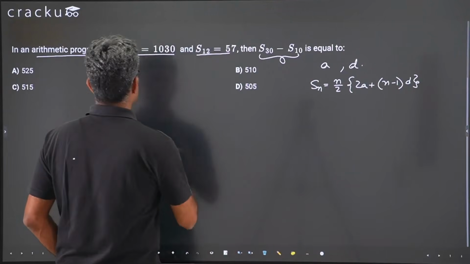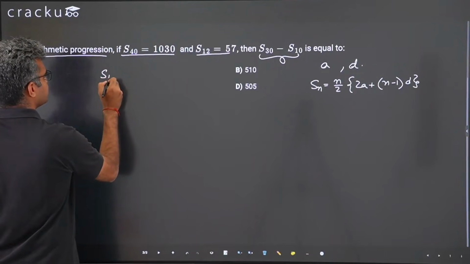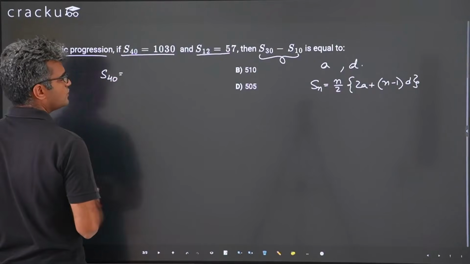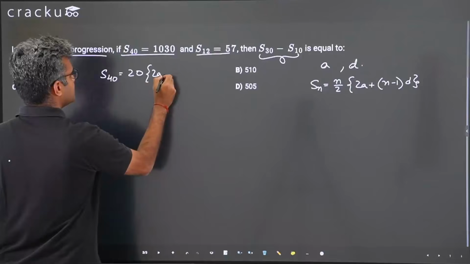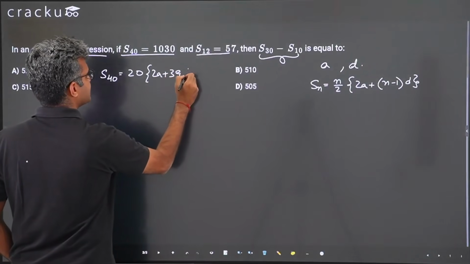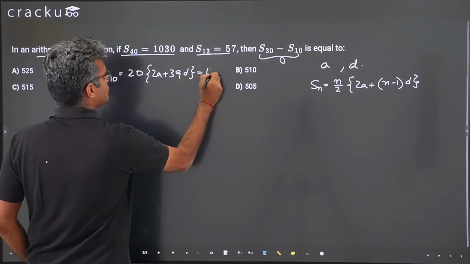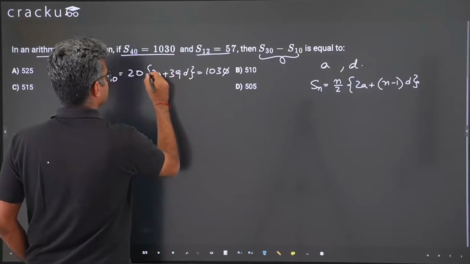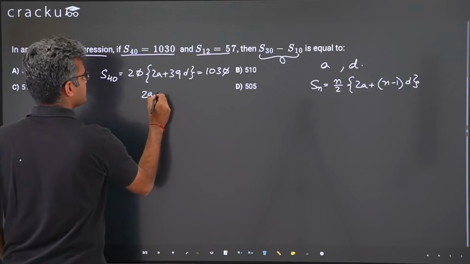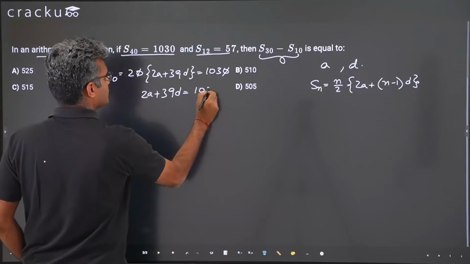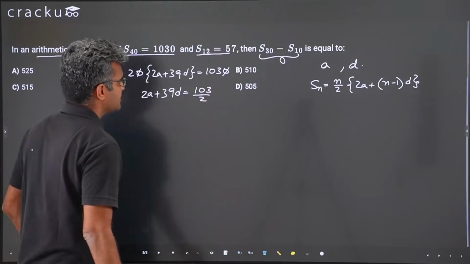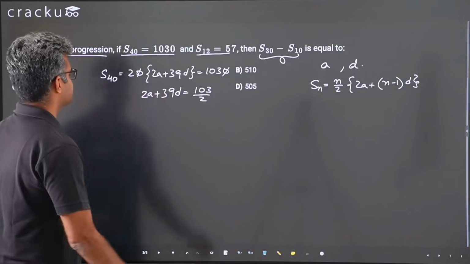So the value of the first 40 terms, S40, is equal to 40 by 2, which is 20, into 2A plus 39D. This is equal to 1030, or the value of 2a plus 39d is equal to 103 divided by 2. Similarly, S of 12 is 57.